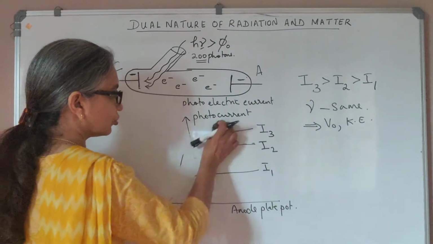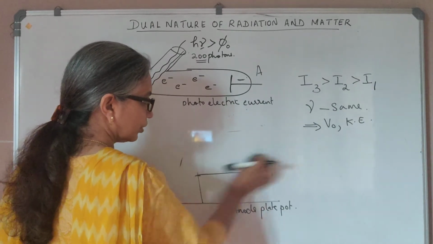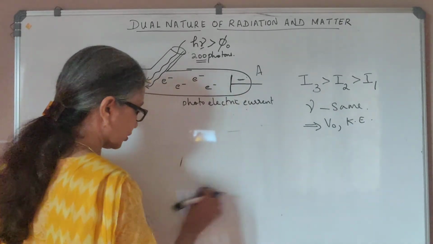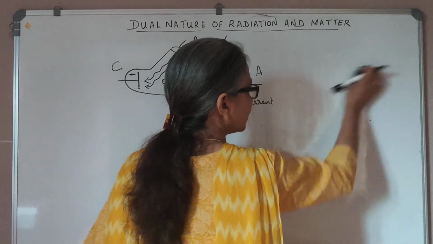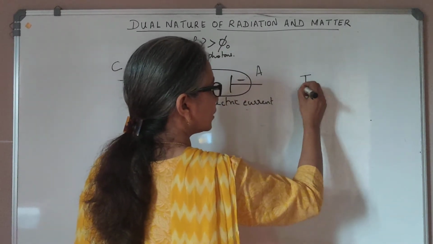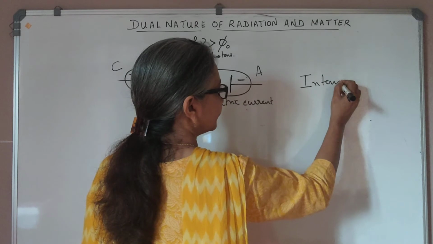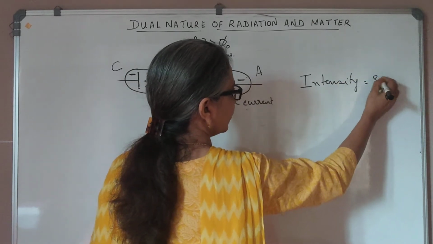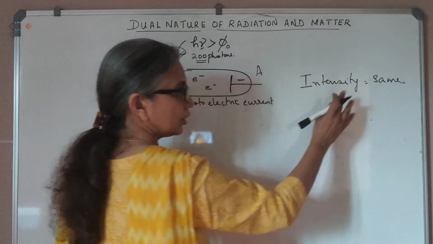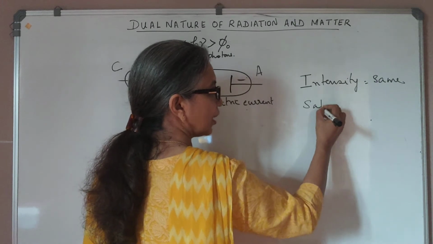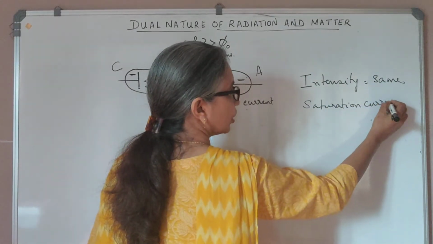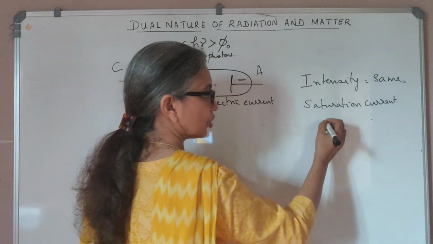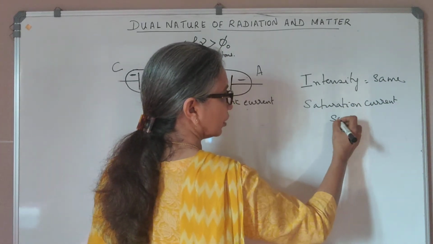The same thing we are going to draw for three different radiations which have the same intensity. So we are now going to keep the intensity the same. The moment you see intensity same, you should remember that the saturation current is going to be the same, because I told you the intensity determines the saturation current, the photoelectric current.